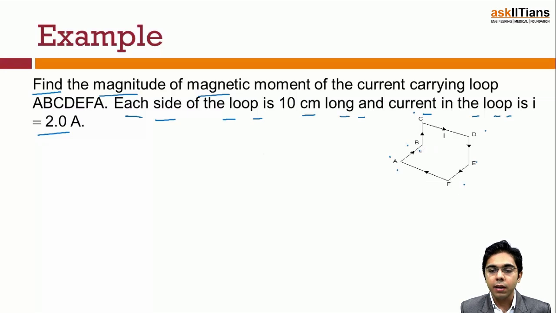Now we know that for the magnetic moment we have to take a closed loop. If we look at the diagram, it is like this: B, C, D, E. Let me make the axes: this is Y, this is X, and this is Z. So this loop BCDE is in the YZ plane.